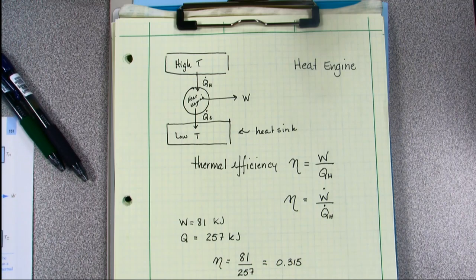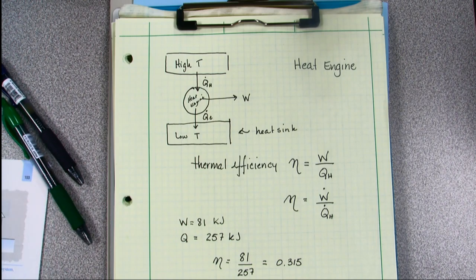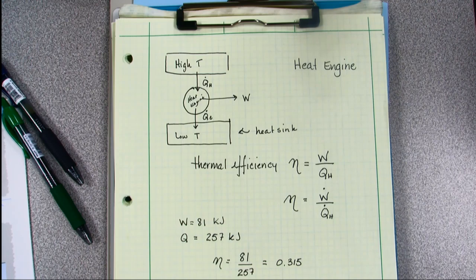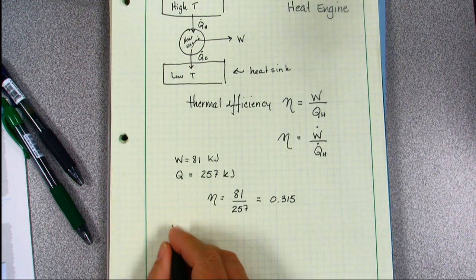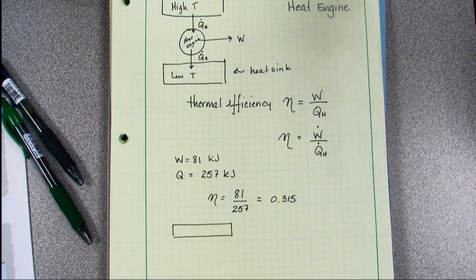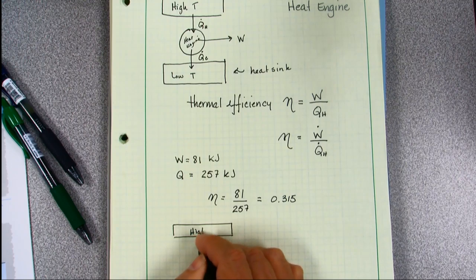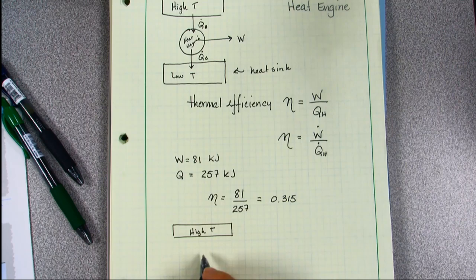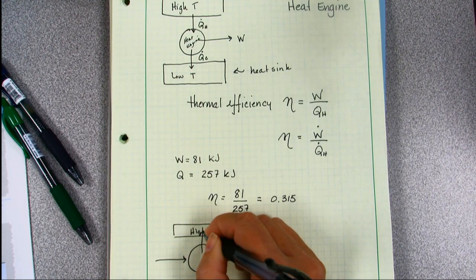So we do get efficiencies, but we do lose a lot to the environment. And just as a refresher, if we are dealing with heat pumps or refrigeration systems, this is our low temperature reservoir and this is our high temperature reservoir. We have to put work into the system in order to go this direction.